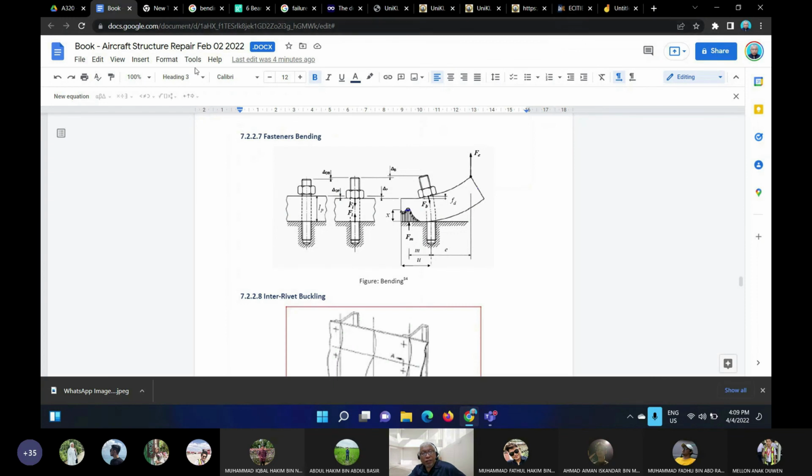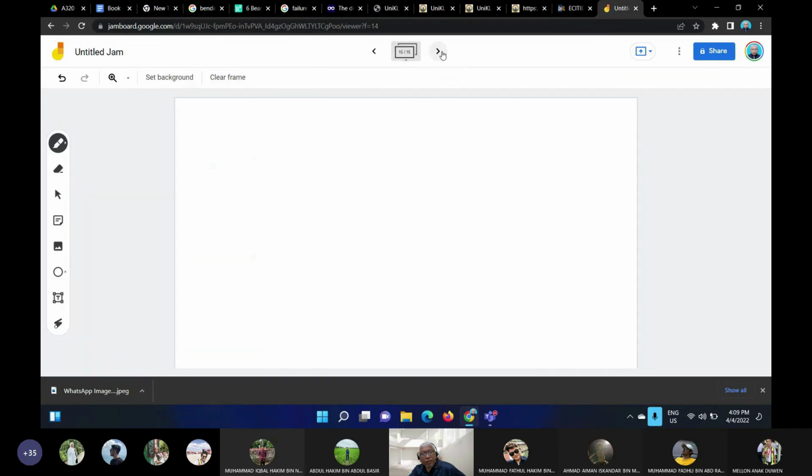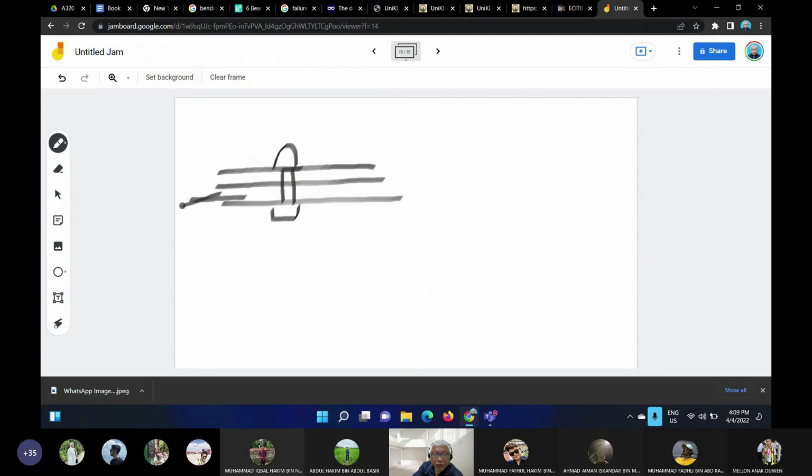Fastener bending is something that does not always occur. However, we try to calculate how to calculate the fastener bending. If we have plates and you pull the plates, if the plate is very thick, there is a tendency for the fastener to bend.